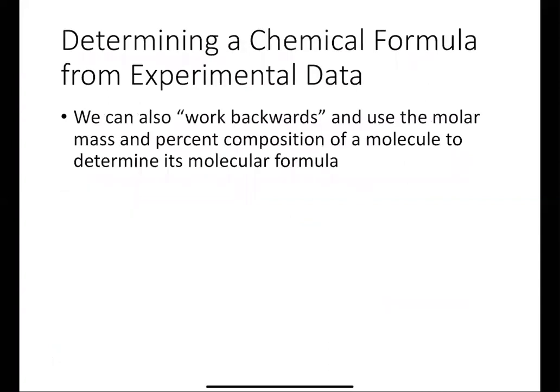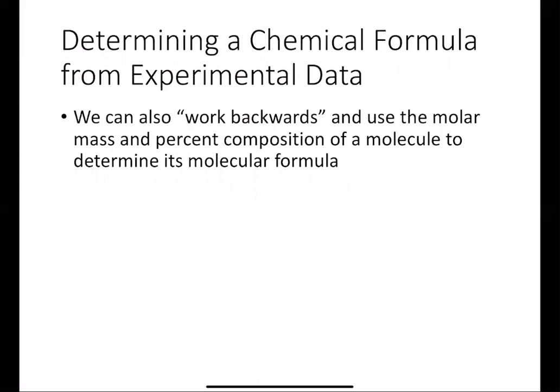All right, so now we're going to work backwards. If a scientist knows the mass percent of an element, and you can get that out of an instrument, okay? And we might not know what the compound is, but we know how many elements are in it and which elements are which percentages. We can work backwards, okay?